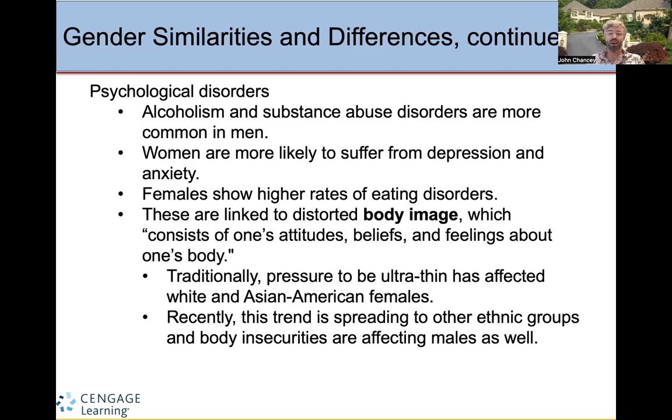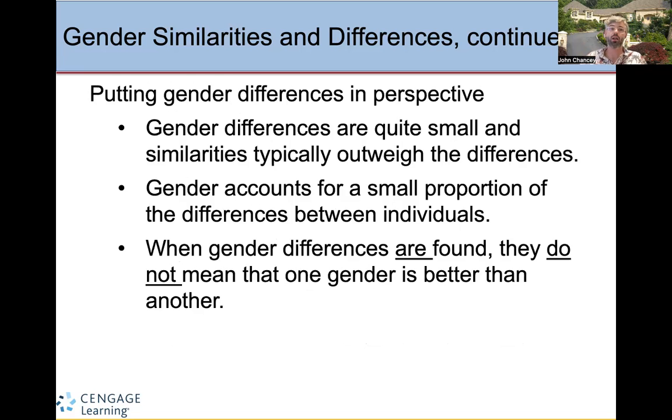It's kind of the end all be all, and that can have a pretty dramatic effect on how people perceive their own bodies, and females tend to be affected by that more so than men. We are seeing this especially in groups like white and Asian American females, but we're starting to see those trends show up with other racial and ethnic groups and males as well.